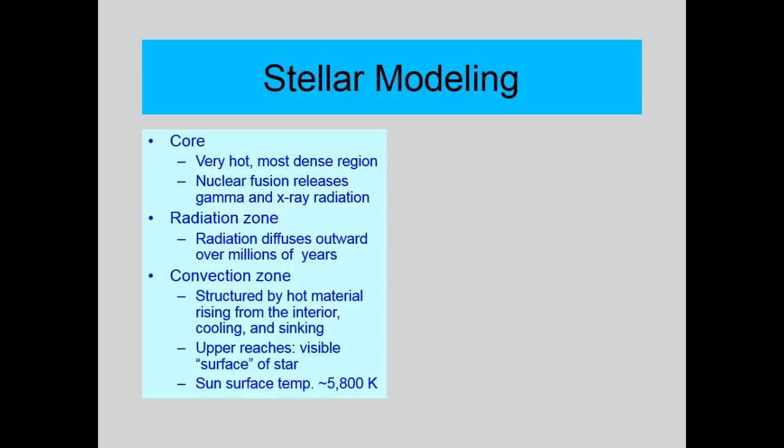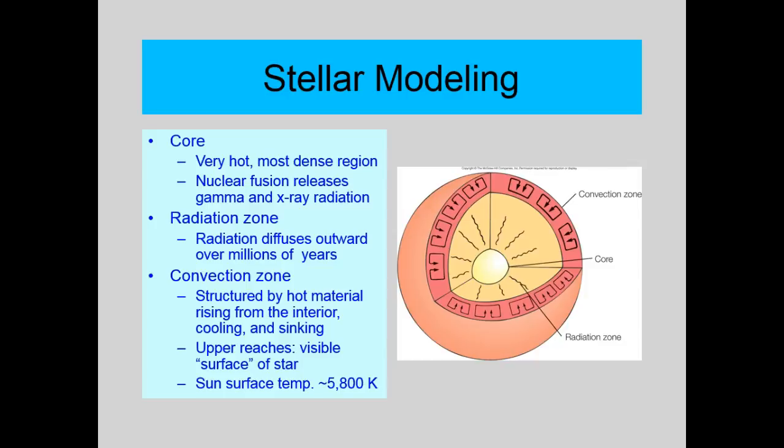Okay, so let's go back to where we stopped last time. Last time we were talking about stellar modeling. This is how most stars, in fact I would say all stars, are formed. Okay, at the very center of the star. By the way, the star is a huge mass of very, very hot gases.